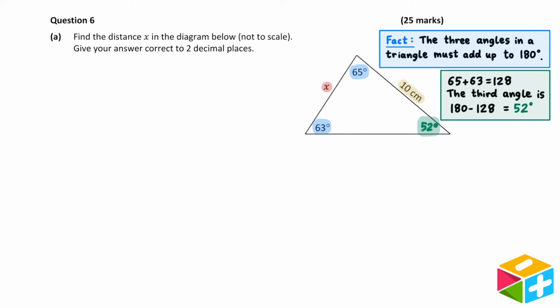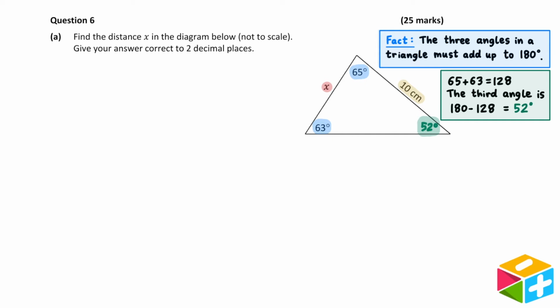Here, 65 plus 63 is 128. The third angle is the leftovers needed to make this sum into 180. To find it, we can do 180 minus 128, which is 52.